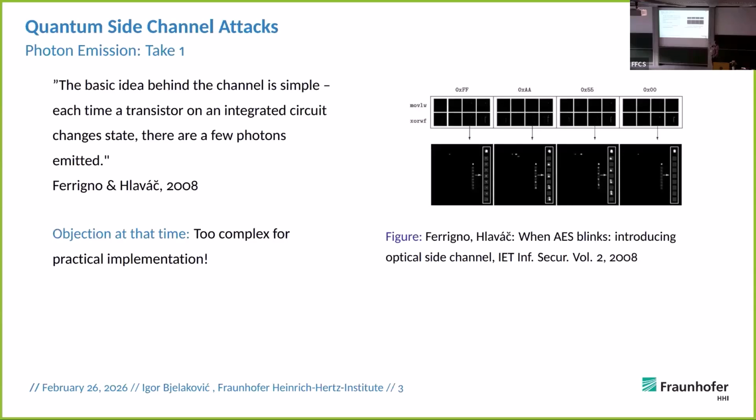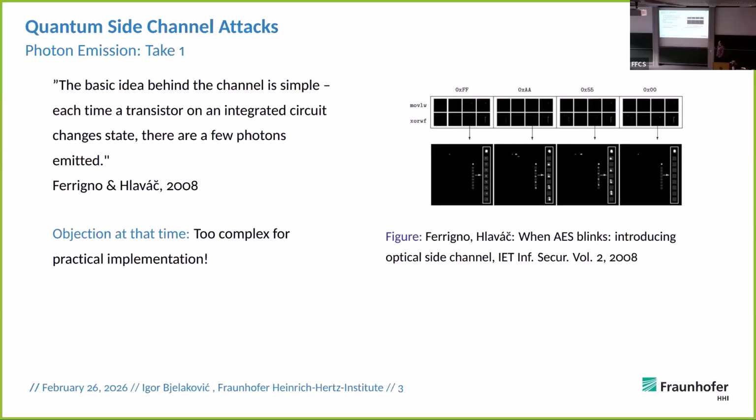So this is how it started with these classical-quantum channels with Juliane. She introduced us to this paper by Ferrigno and Hlaváč, introducing the optical side channel. The whole paper can be explained in this quotation here. The basic idea behind the channel is simple.